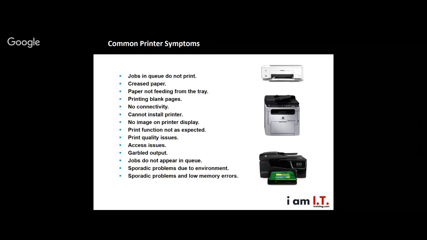So if you have a backed up print queue, which means you have a huge list of jobs but nothing's coming out of the printer, the printer might literally just be out of paper or out of toner or whatever it needs, and it should be telling you on the printer screen what it's out of. If you think there's a paper jam, and sometimes it'll even tell you there's a paper jam, then just clear it and tell it it's ready to reset and it'll go. Pretty simple stuff.